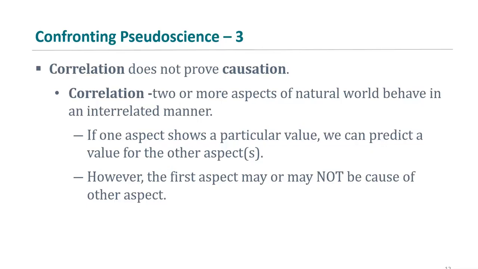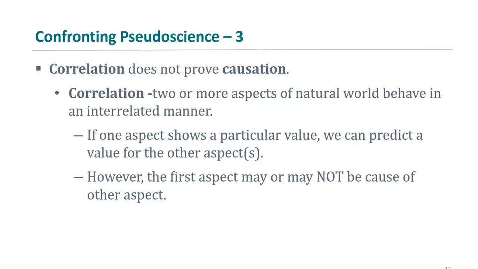But this does not mean that the one variable causes the change in the other one. All right, so they're just simply correlated. So if you can look at one point on a graph for one variable, you should be able to predict where the other variable will be on that graph as well. But it doesn't mean one causes the other one. So causation, on the other hand, implies a direct cause and effect relationship, where one variable directly influences the other one. All right.